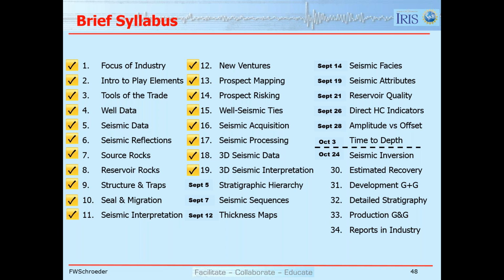And so most of the modern software packages allow you to handle horizons that have repeated time values at a certain XY. So it is a little bit more difficult using mapping in reverse fault terrains and thrust fault terrains than it is in extensional basins.